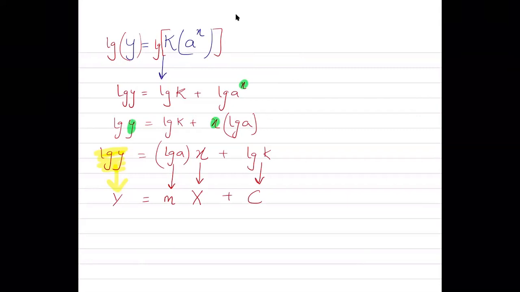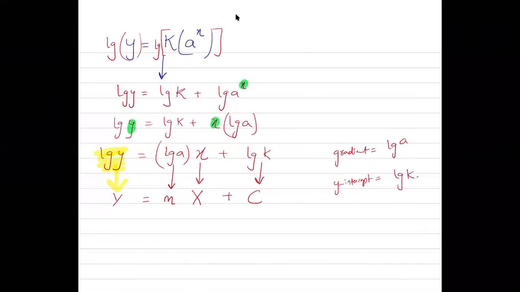So in this case, the gradient is going to be equal to LGA. If I have the value of the gradient somehow in the question, I can just write 10 to the power of that value equals A, and in this way I can calculate A. And the y-intercept in this case is going to be LGK.